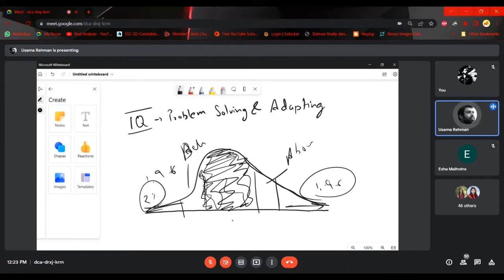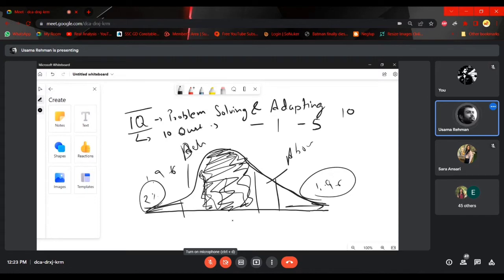What I'm trying to say here is that, let's say I am measuring IQ with 10 questions, and every question is measured on a Likert scale of 1 to 5. Do you all understand this 1 to 5? Yes. Right. So if someone says 1 for all the 10 questions, he will get 10 in total score.